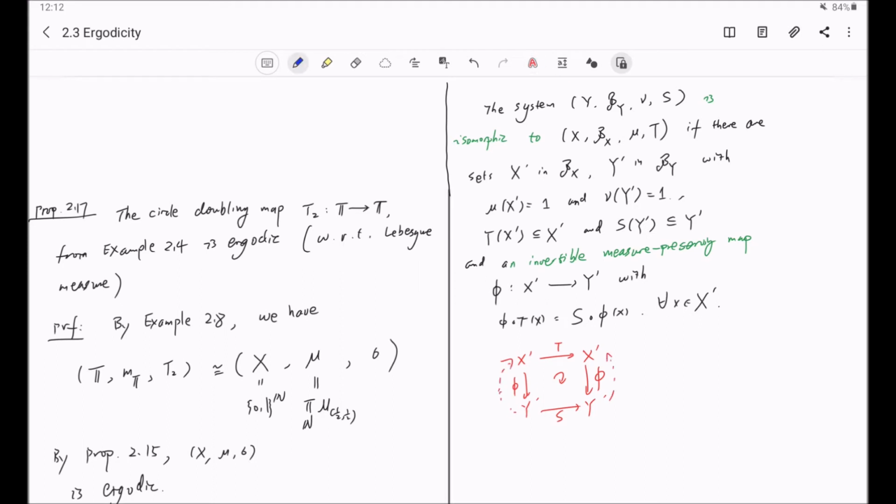And now, every map involved in this diagram is measure preserving. Now, suppose the system above is ergodic.